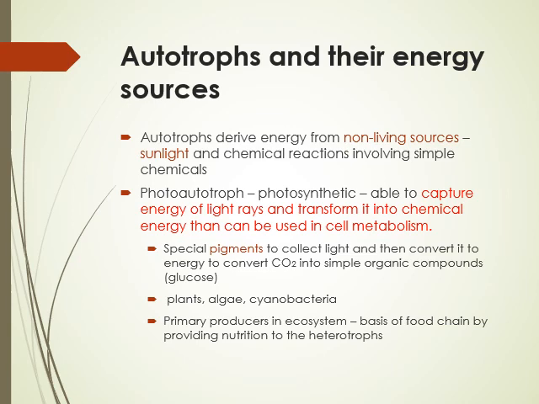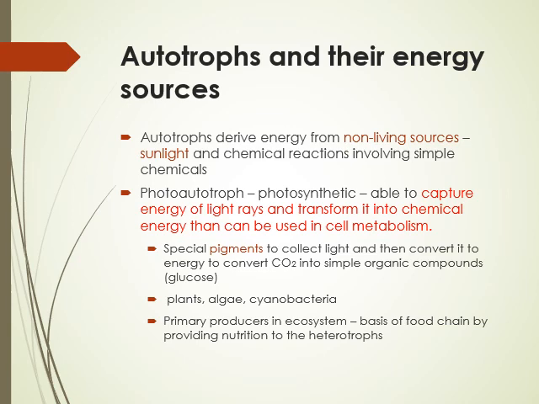So normally they have special pigments that function to collect light and then convert it to energy. So in this process, they convert the carbon dioxide into simple organic compounds such as glucose.